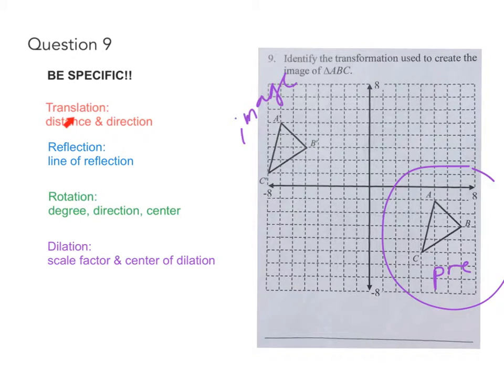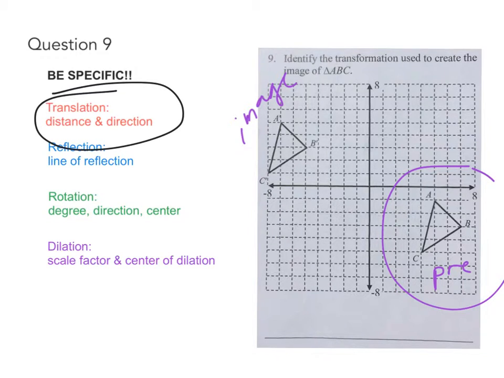And a translation would just move the image to a different location, and we would see the same orientation as the original image. So if you look, this is a translation because it's just been moved. It's like this pre-image was just moved over here. So we can start by identifying it as a translation.